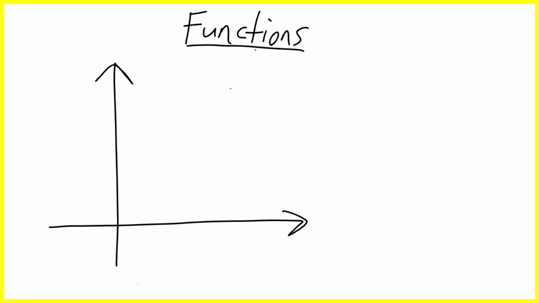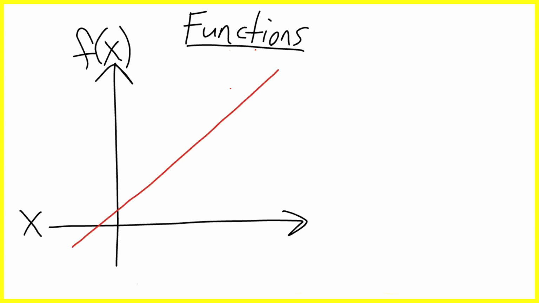Instead of x and y here, we know our input values are x, so that's going to be on the x-axis, and our output values are now f of x. All right, so now we might have some function. Let's say it looks something like this. We see our input values and our output values are still here alongside. It's just a visual representation of functions.